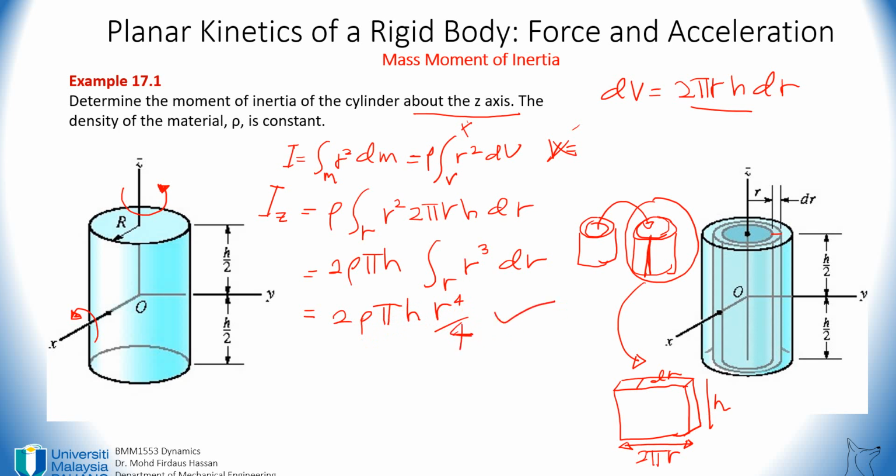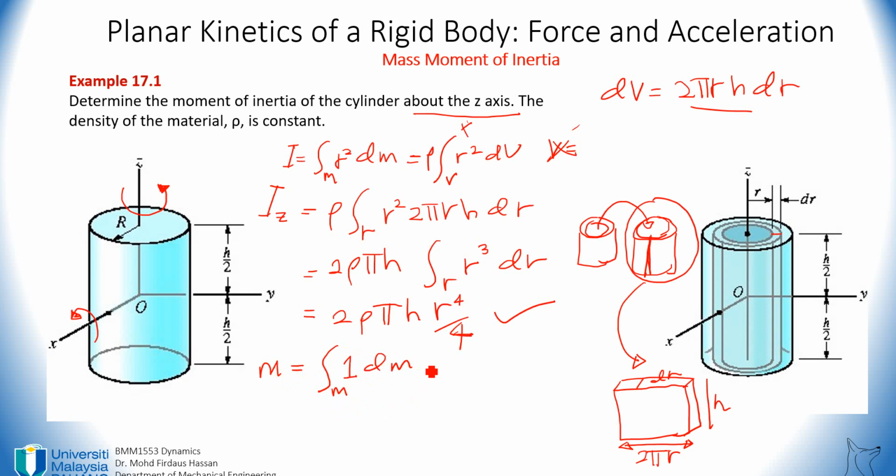But you can simplify this mass moment of inertia. If you see that m, what is m? M is mass. So m is equal to the integration of dm, correct?